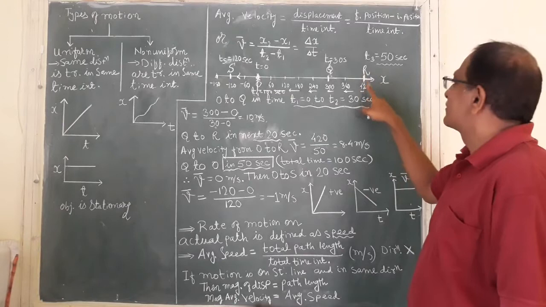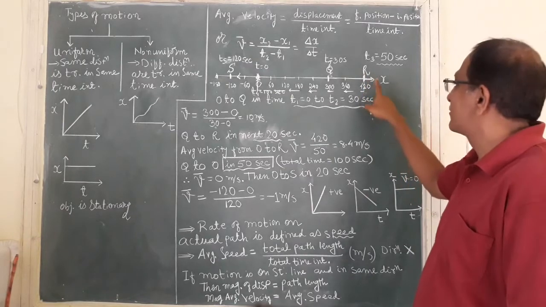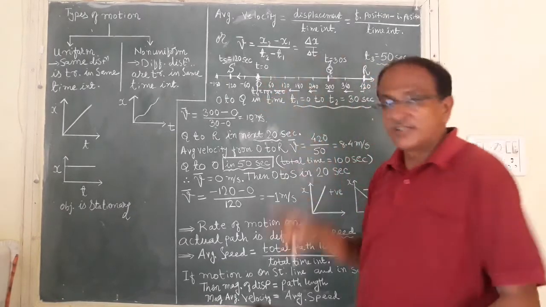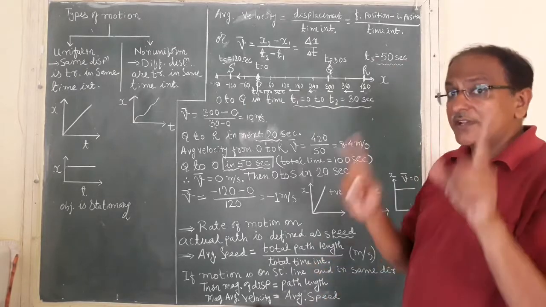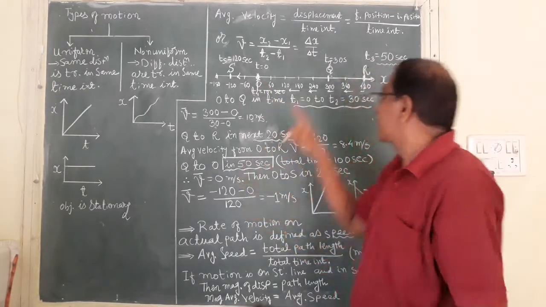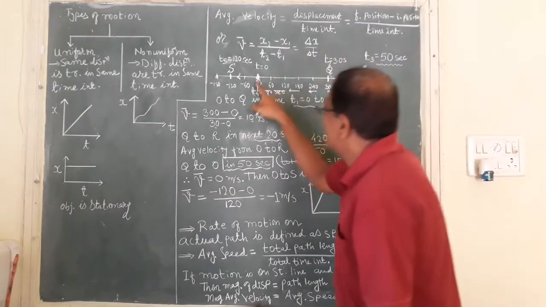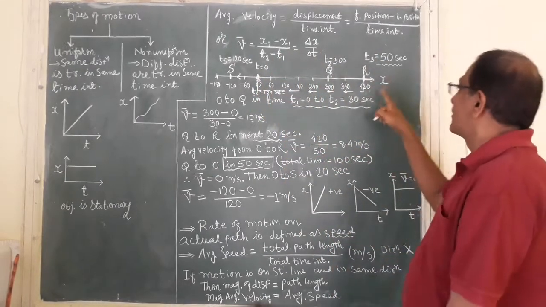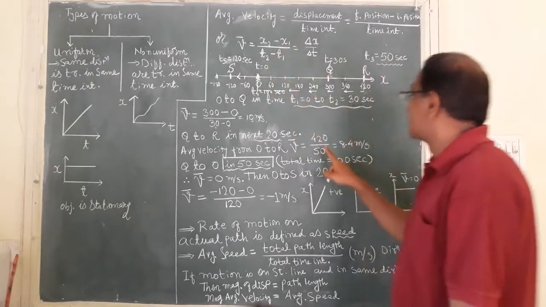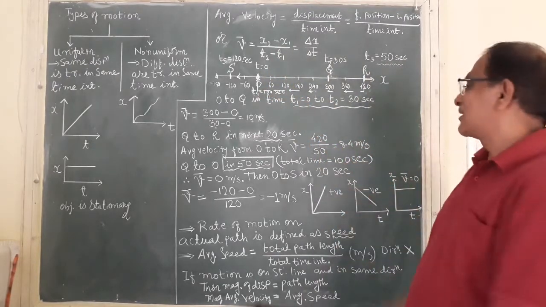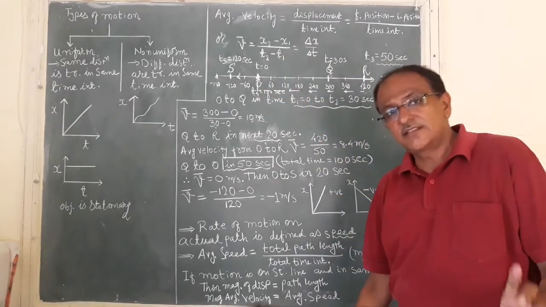O to R is 420. So final position is 420, initial is 0. I am considering with respect to O, not with respect to Q. So 420 minus 0 upon 50 minus 0, so 8.4 meter per second will be the average velocity.